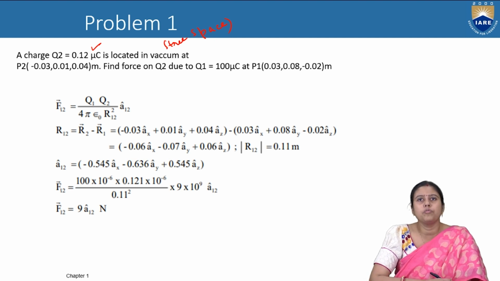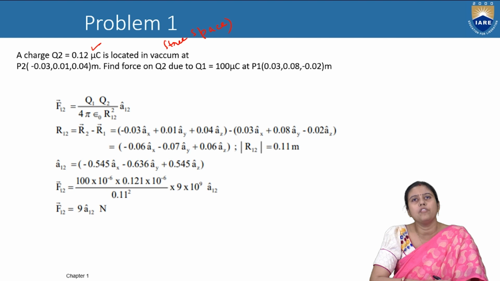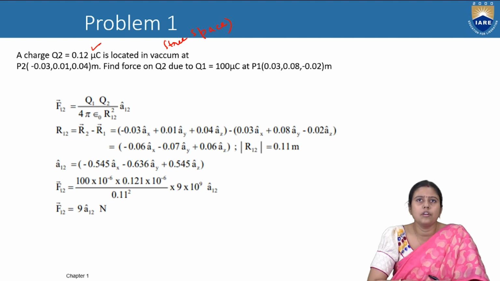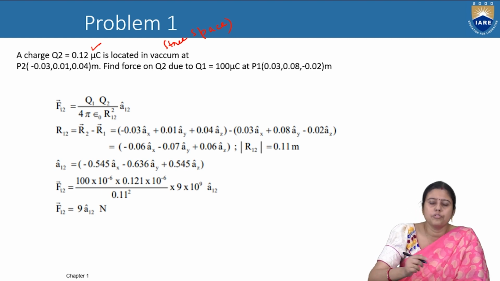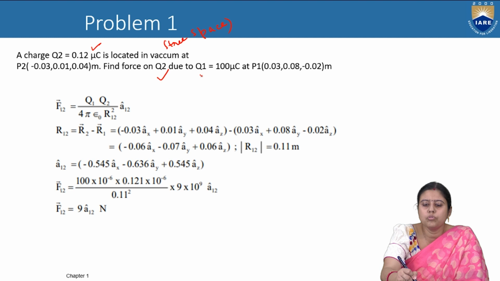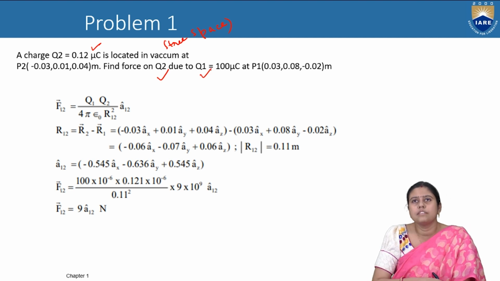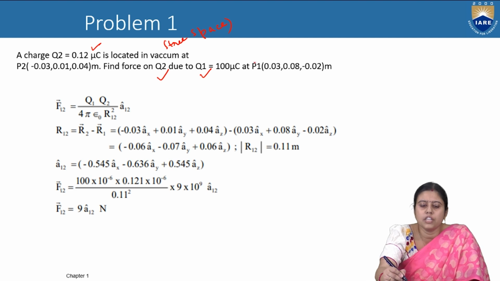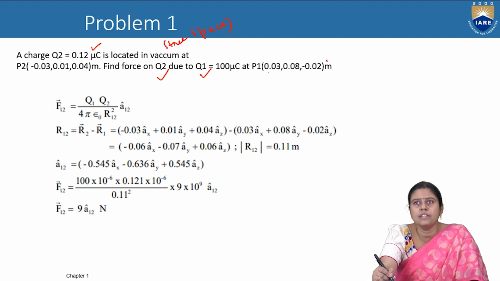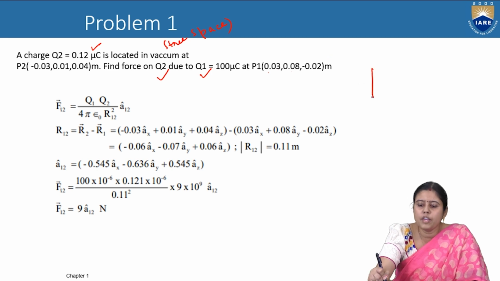At P2, the point is minus 0.03, 0.01, 0.04 meter. Find the force on Q2 due to Q1, where Q1 is equal to 100 microcoulomb at P1. What is the position of P1? It is 0.03, 0.08, minus 0.02.